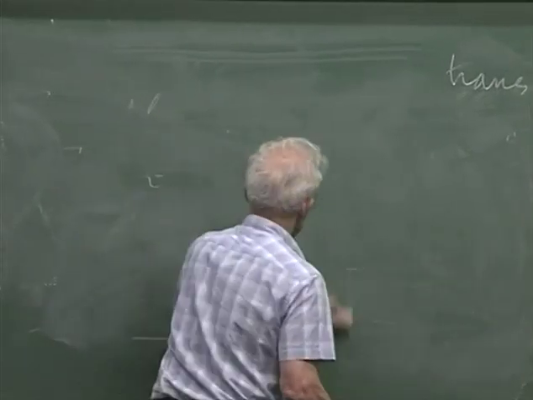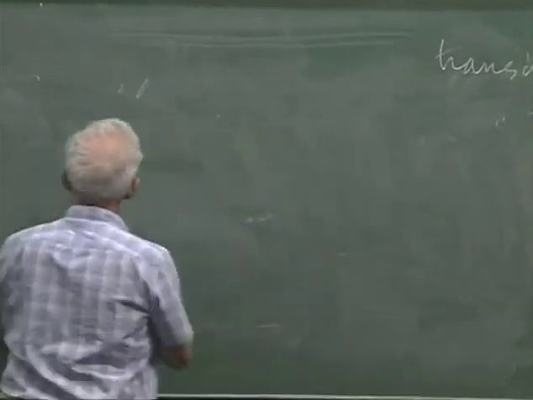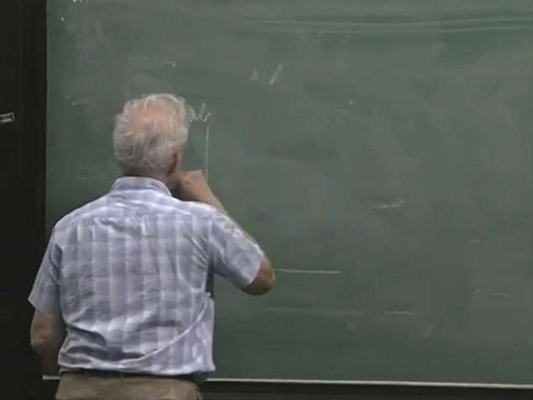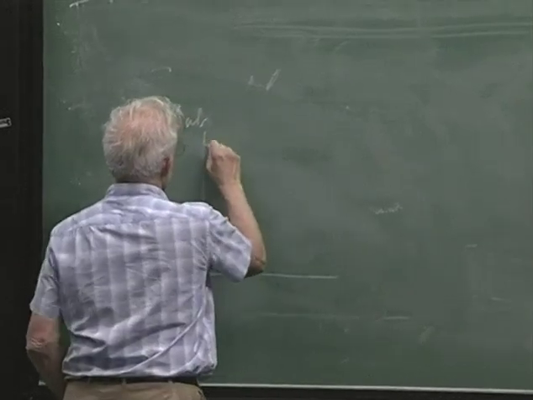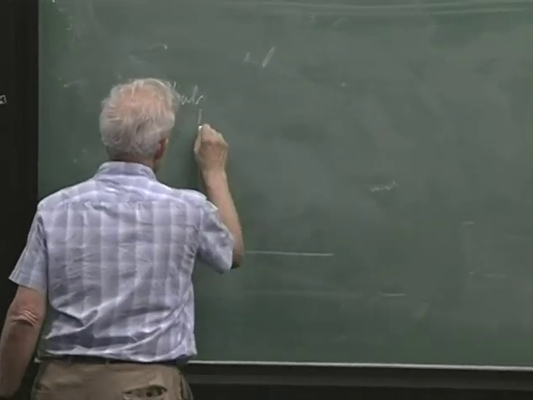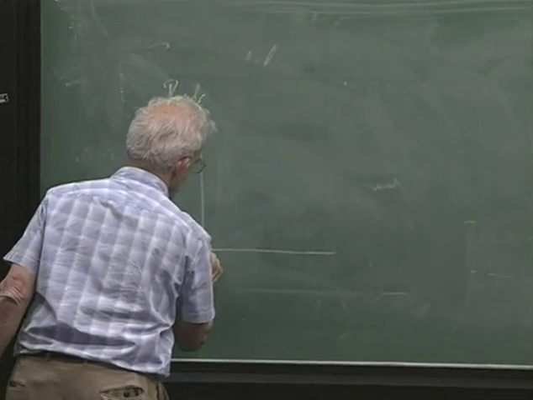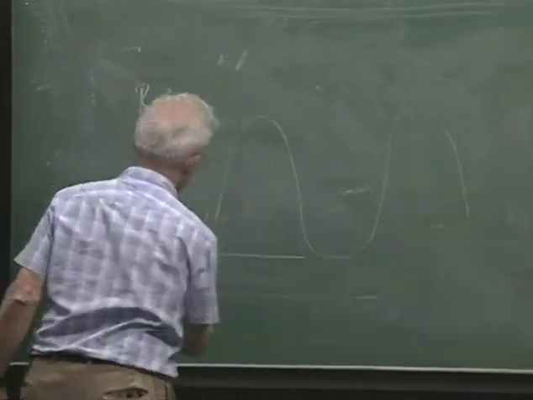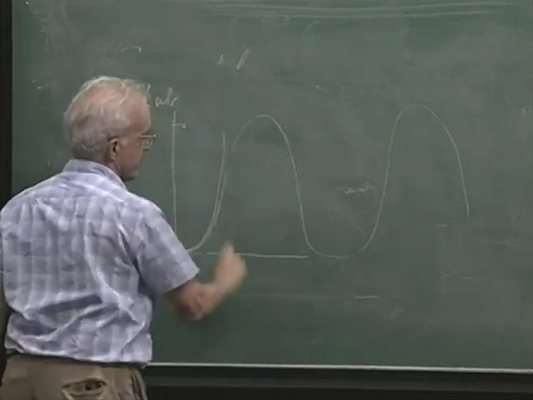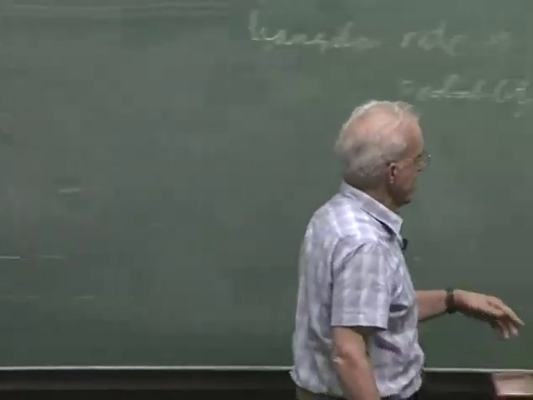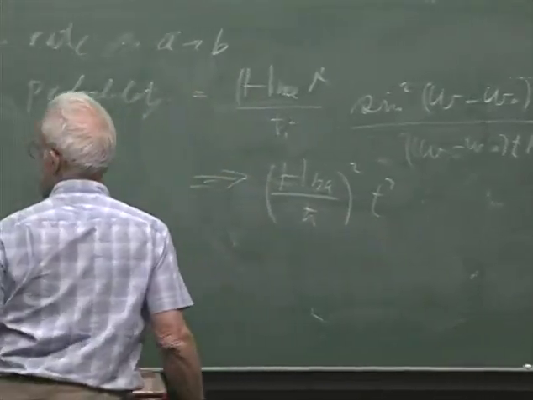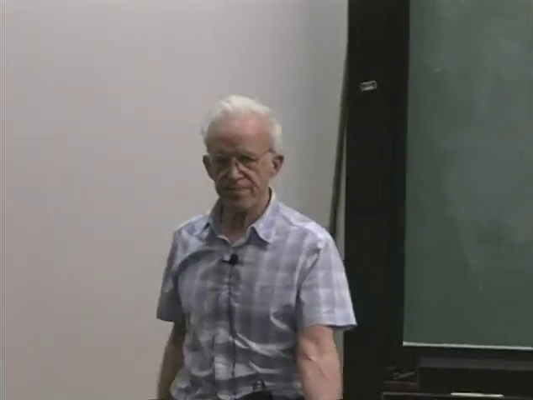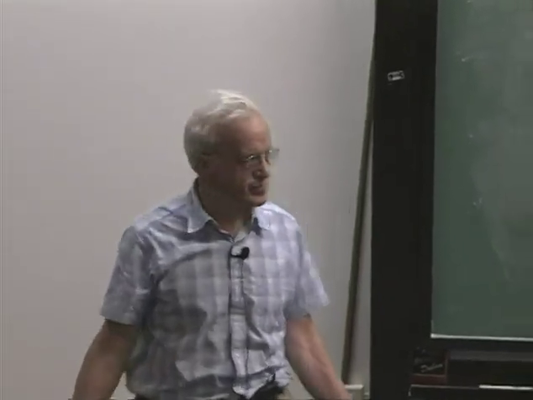If you're on resonance, you start here, this is the excited state, and the population just oscillates back and forth like that. And this is quadratic over here. So for very short times, the system behaves just like monochromatic radiation applied to a two-level system.